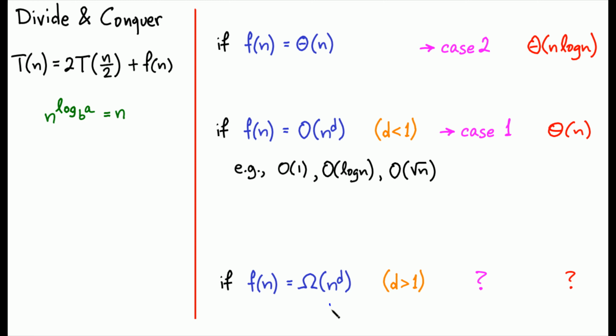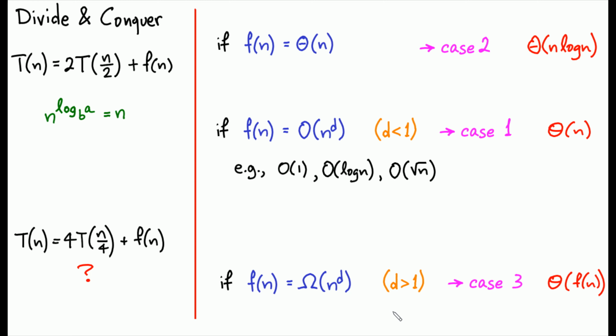This will be at least n to the power of 1 point something, right? Because d is greater than 1. So in this case, it's going to be case 3. Root is going to dominate, and whatever function you have for this one, so we didn't answer it correctly yet, but it's going to be theta notation f of n.